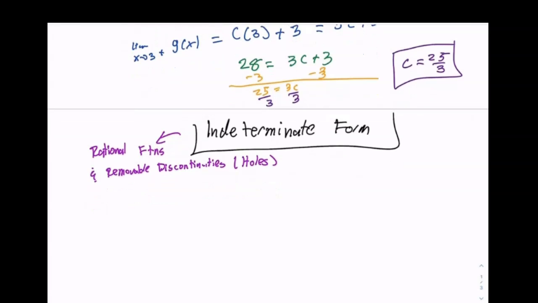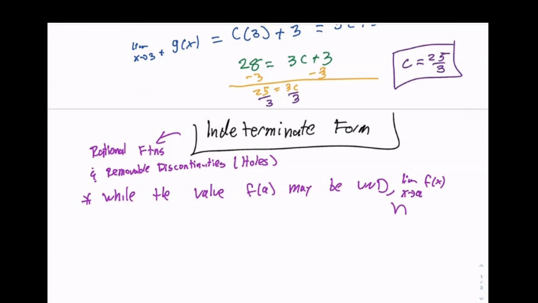So what I mean there is that while the value f of a may be undefined, the limit as x approaches a of f of x may exist. That's the whole concept here.